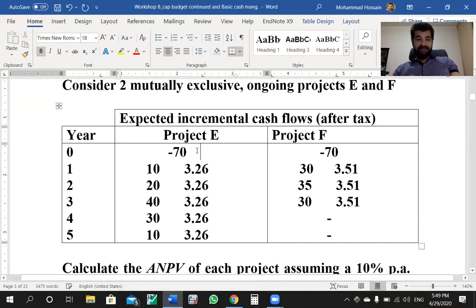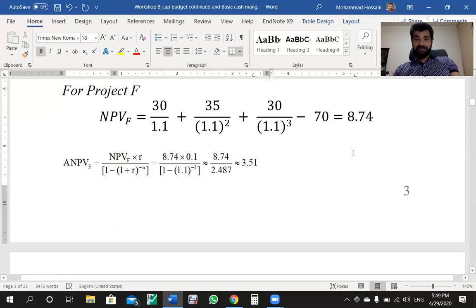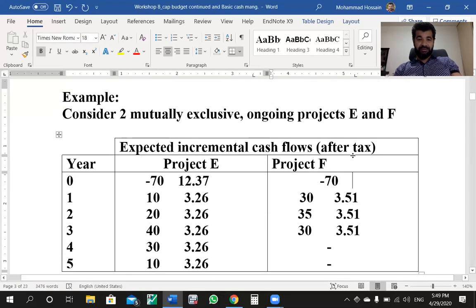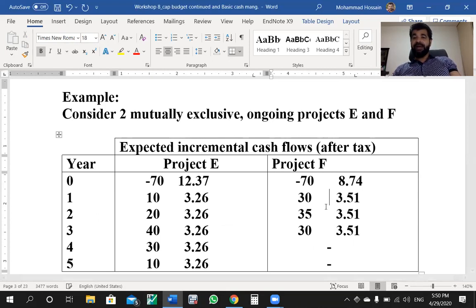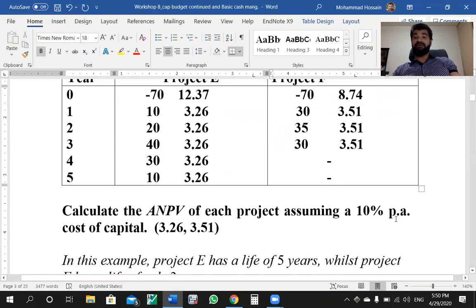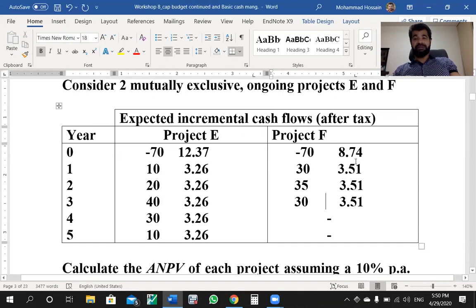You can see here, this is actually 12.37. And this one is 8.74. Now, if you want, you can calculate and check these things using the annuity table or annuity formula, and you will get that 8.74.